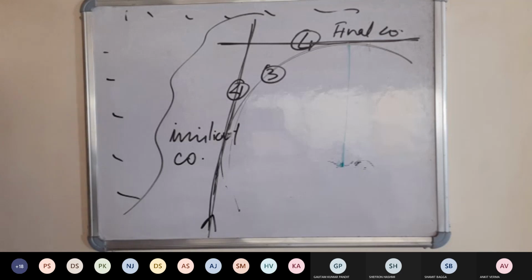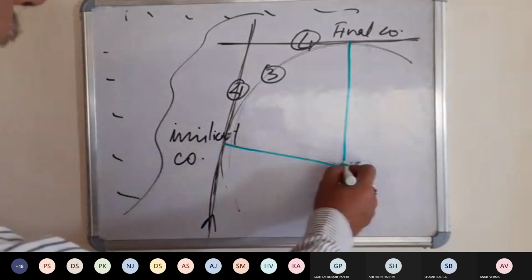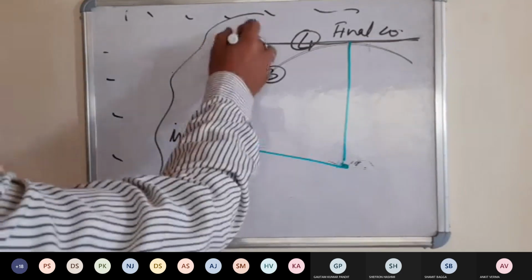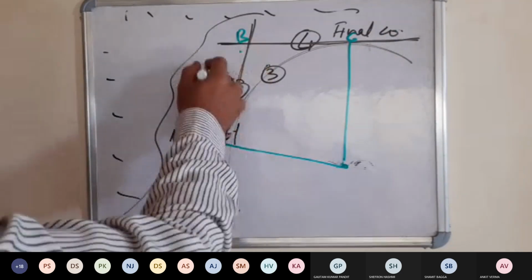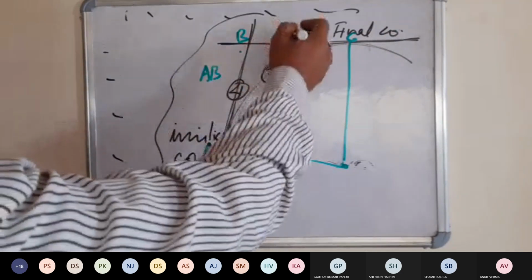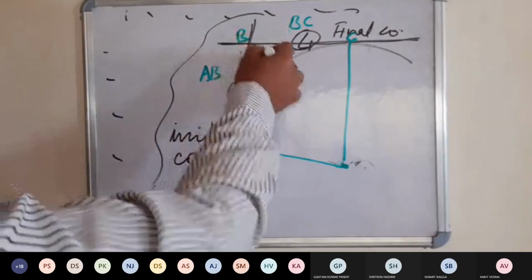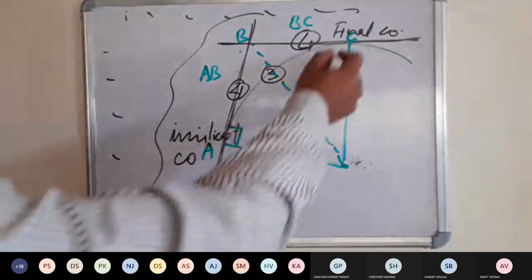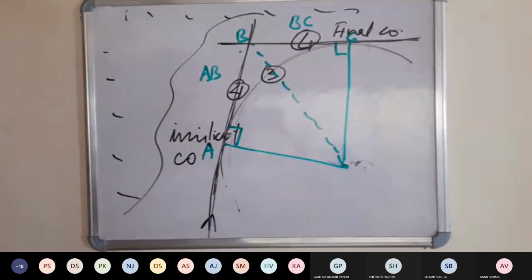If this is the center and this is the radius, let us say this is A, B, and C. How do we find out AB and BC? If we draw a line like this, there are two right angle triangles, because these are tangents, so a 90 degree angle will be formed here.